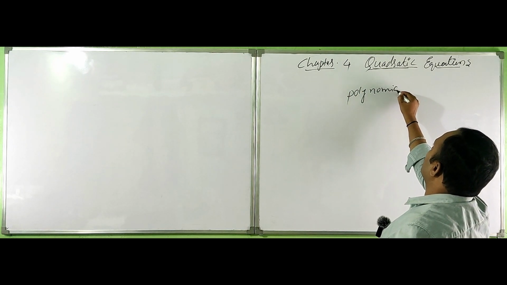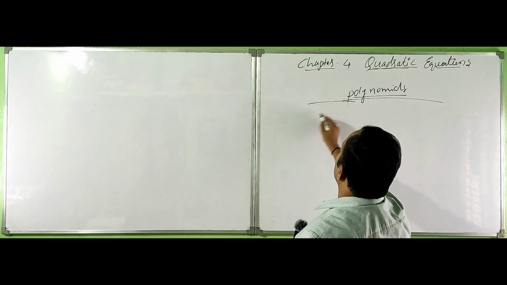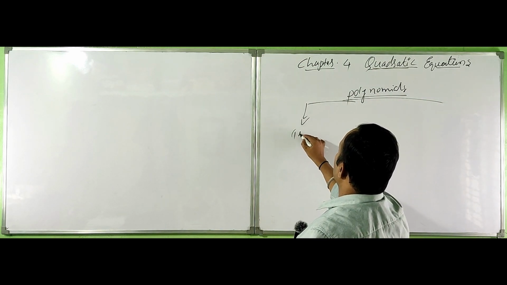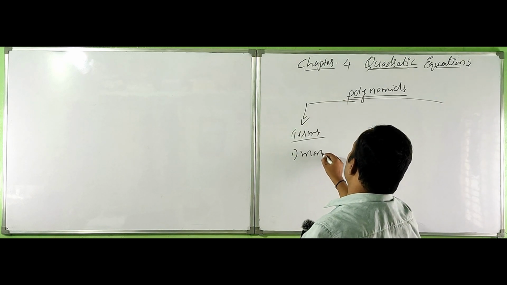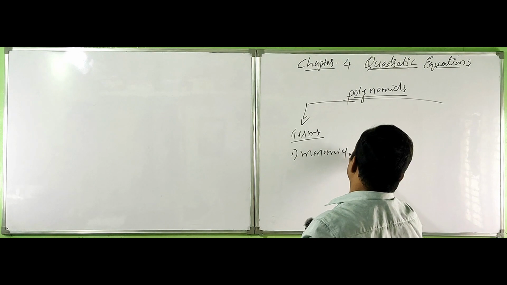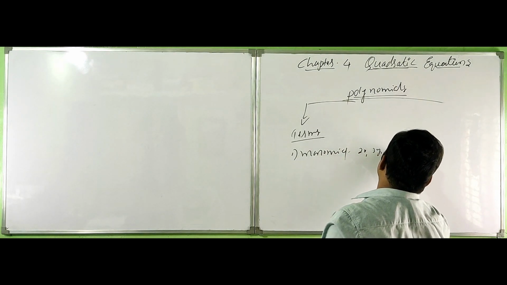In polynomials we have different kinds of equations, right? Based on the terms we have monomial, which means single terms: 2x, 3y, 4z.